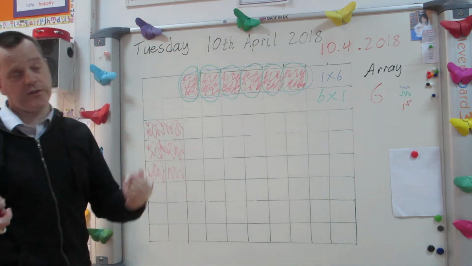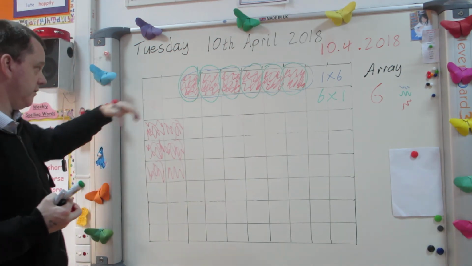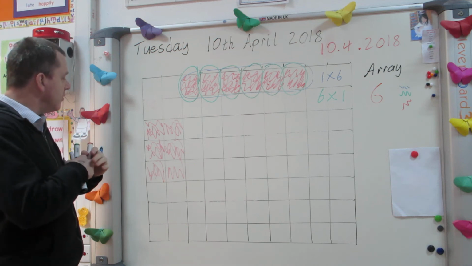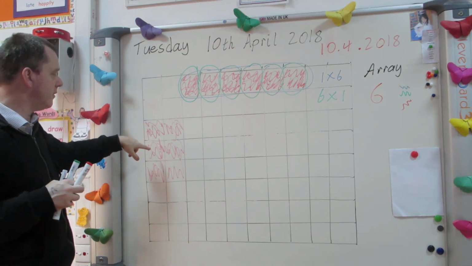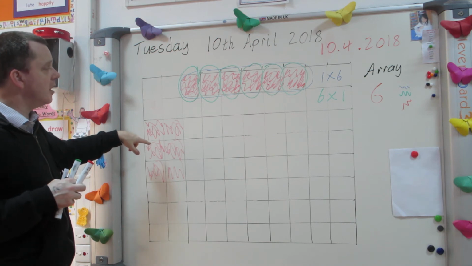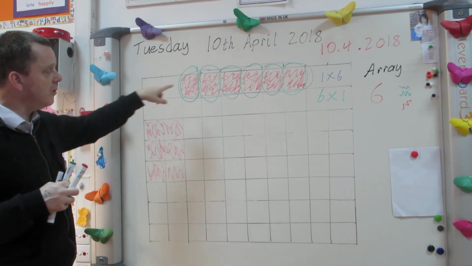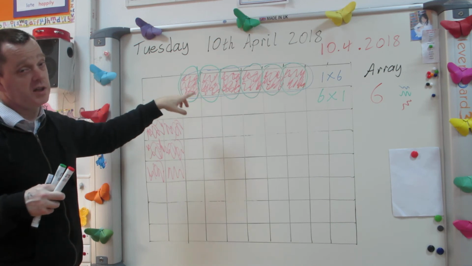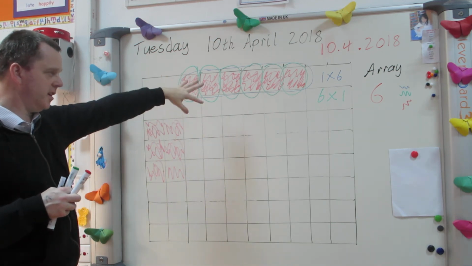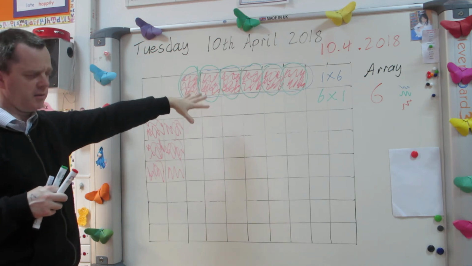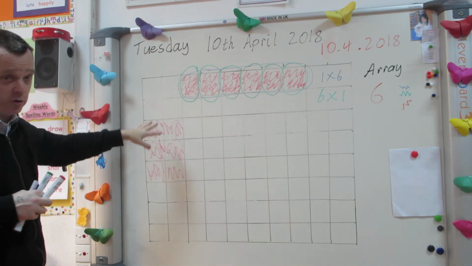Again it's 6 squares. The organization is a little different. The organization of the squares is not really important, but I've already used 3 colours and it's getting mixed up, so I'm just doing a new one here.